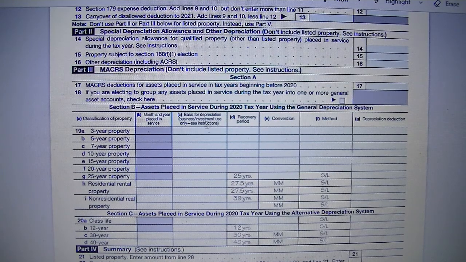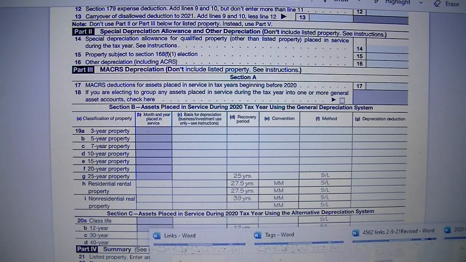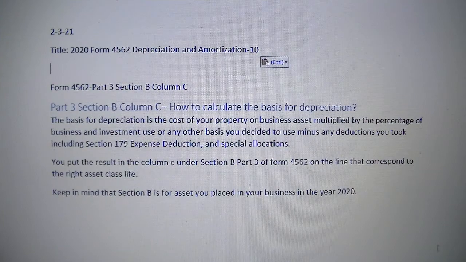So how do you calculate the basis for depreciation? When you complete Form 4562 and you place an asset in service in your business in the tax year you are filing for, that would be tax year 2020, you'll depreciate the asset for the first time.